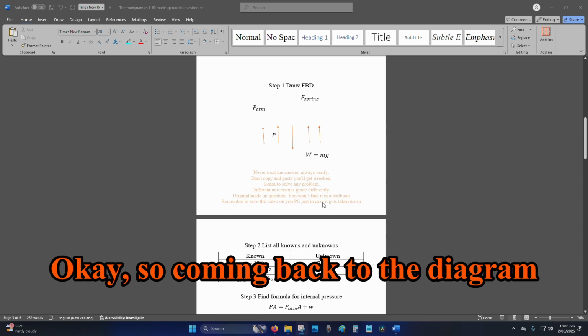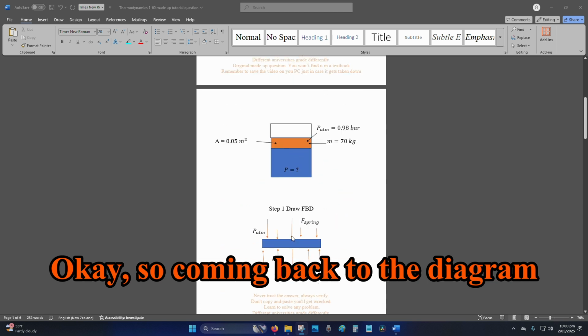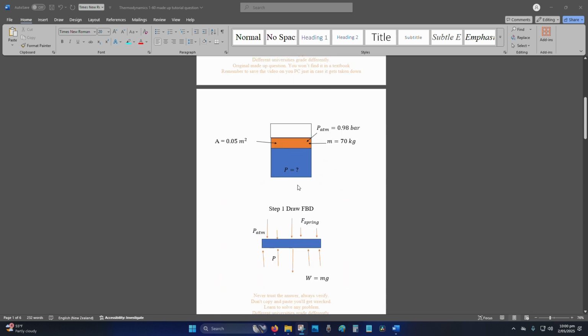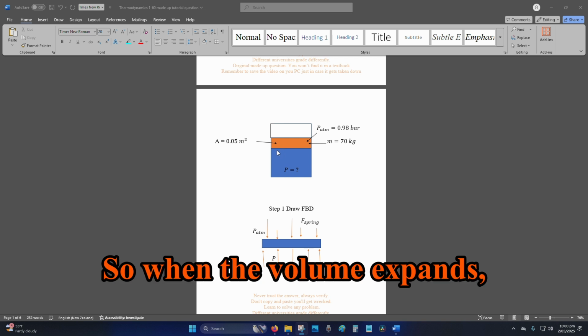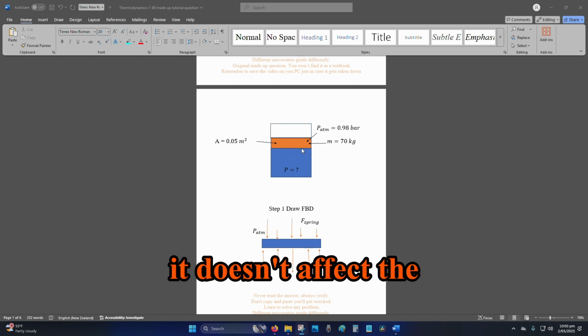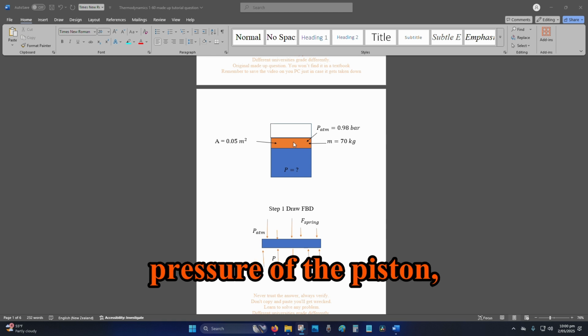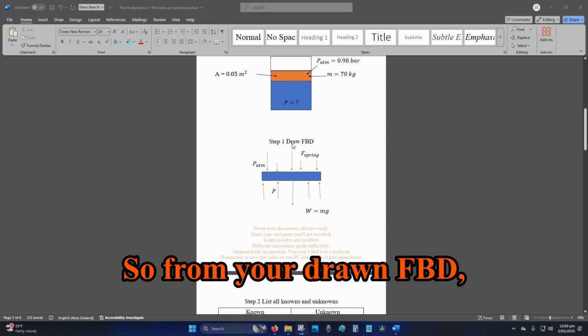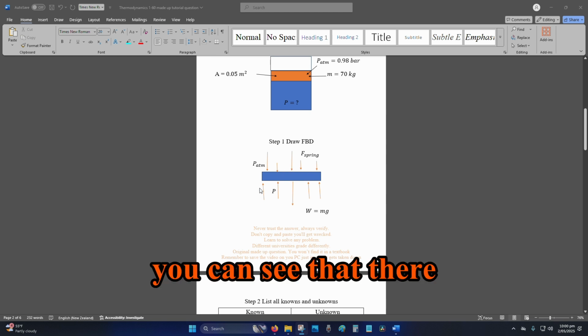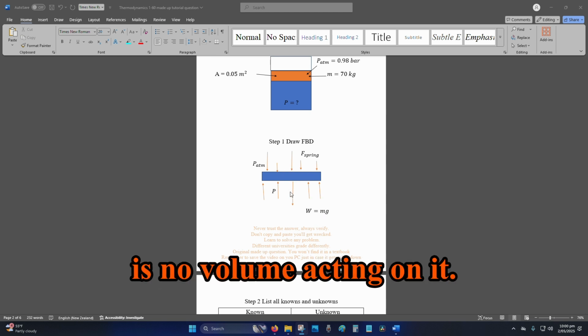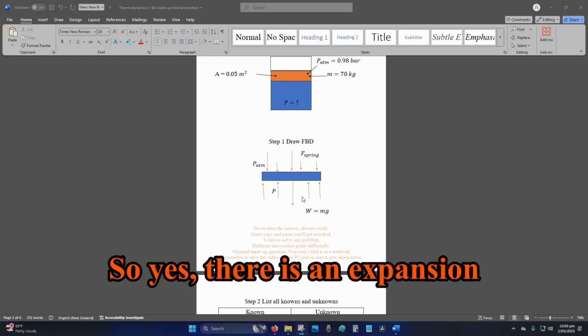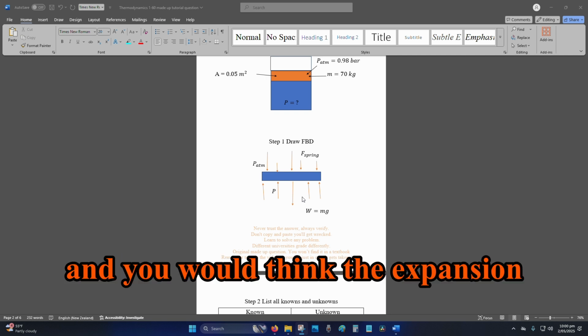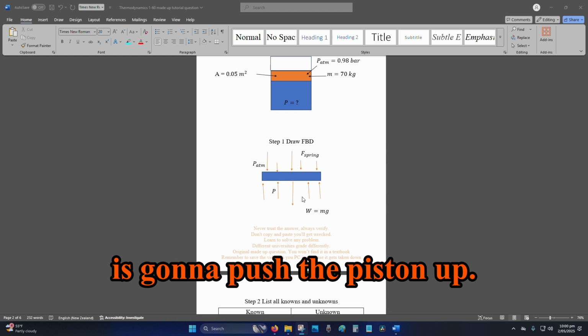Okay, so coming back to the diagram and your free body diagram. When the volume expands, it doesn't affect the pressure of the piston, as you can see. From your drawn FBD, you can see that there is no volume acting on it. So yes, there is an expansion and you would think the expansion is going to push the piston up.